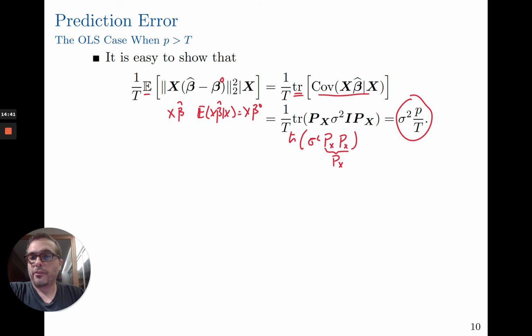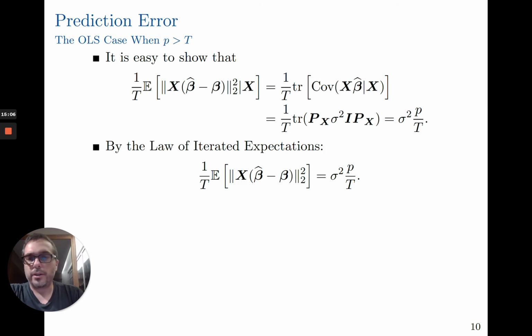So when we have a lot of variables, of course, the problem is more difficult. But remember, we are in this setup where p is less than T, so we are considering that p is fixed. As T goes to infinity, this thing goes to 0.